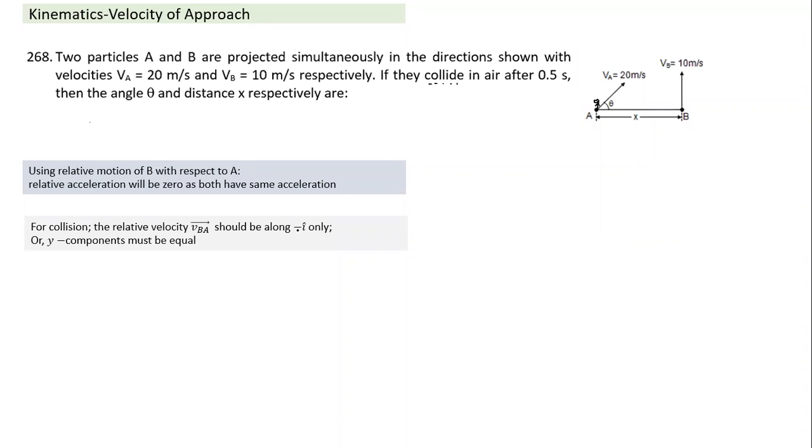And for collision to take place, if I take this x direction as i cap direction and this y direction as j cap direction, VBA should be only along minus i cap. Then only collision will take place, which basically means there should not be any y component, which means both of them should have equal y component.